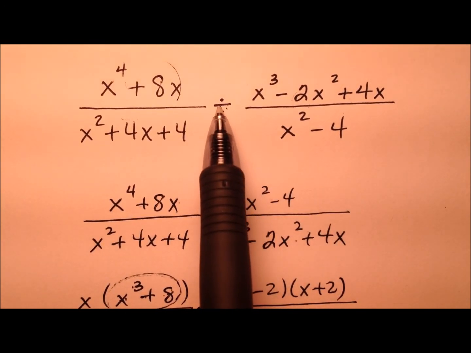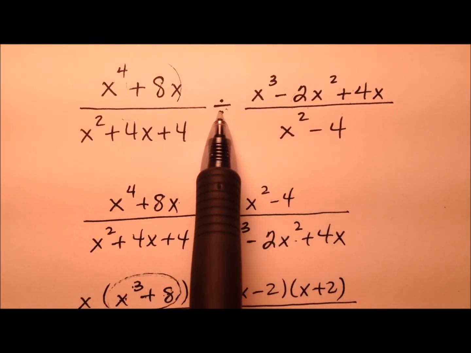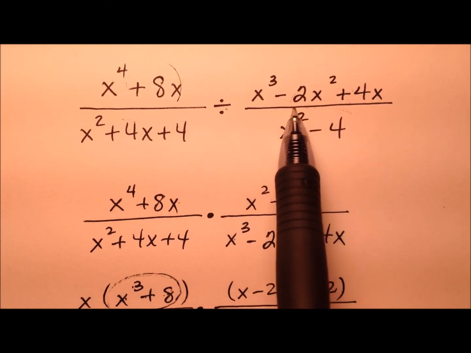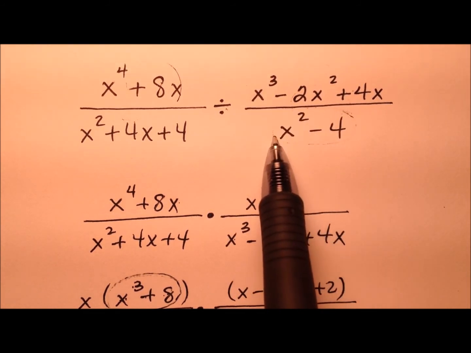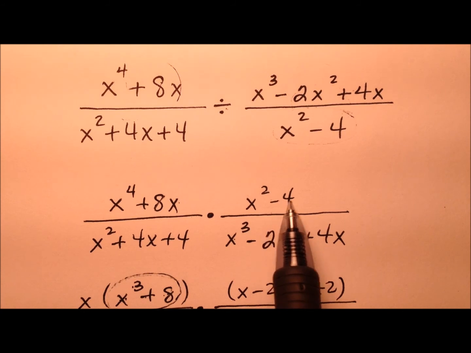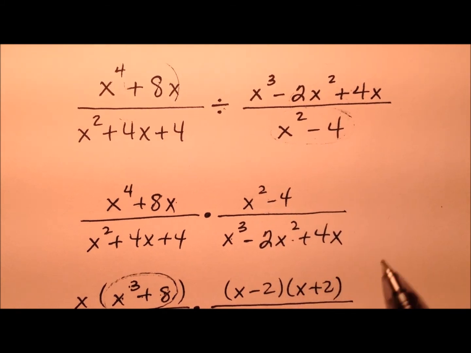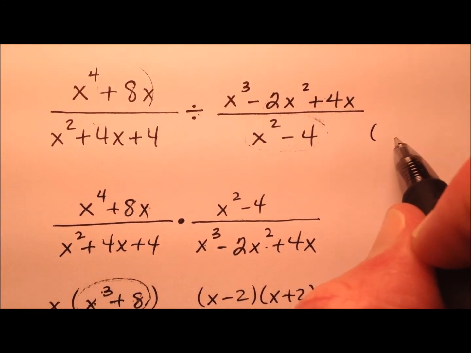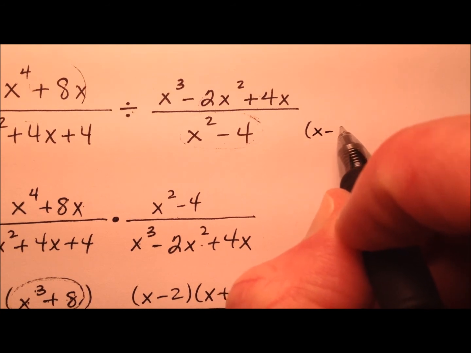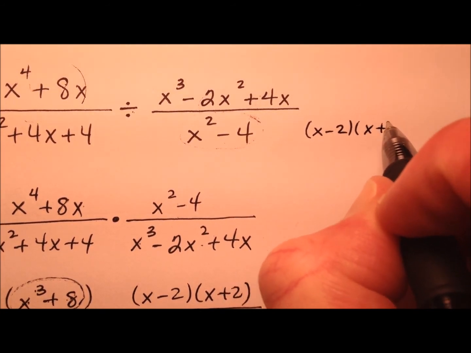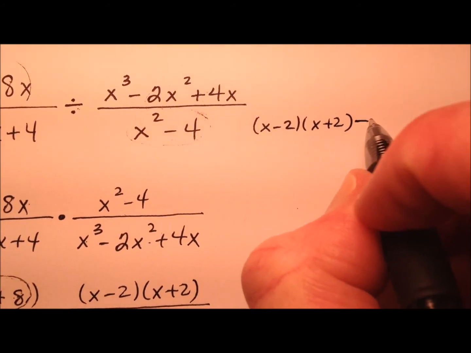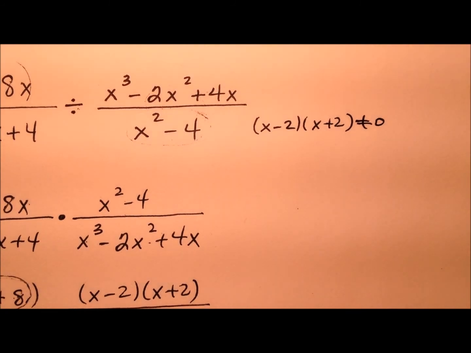Okay? In a previous example, also we have to go back to the top and we have to look and see that, hey, this original problem was a division problem. So even though this x squared minus 4 ended up in the numerator, it didn't start that way. So we need to take into consideration this denominator as well. So the x squared minus 4, remember, factored to x minus 2 and x plus 2, and those values cannot be 0.